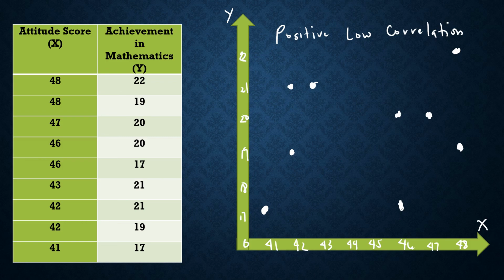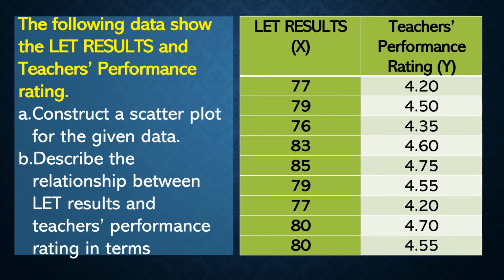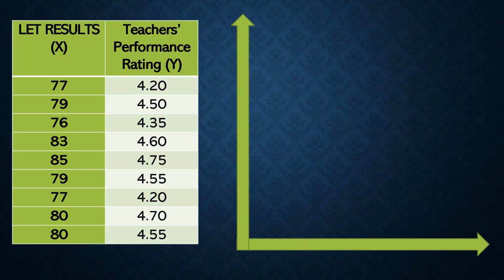Okay, let's now have another example. The following data show the LET results and teacher's performance rating. First, we need to construct a scatter plot for the given data and then describe the relationship between LET results and teacher's performance rating in terms of direction and strength. Here is the data. Let's start with LET results, X. It starts with 76 up to 85.